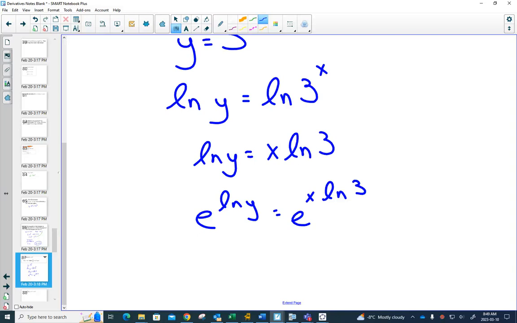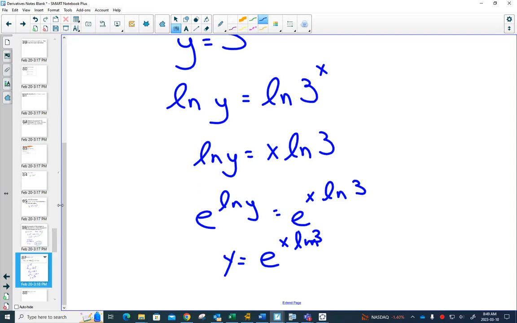So you square a square root, you get rid of the square root. If you have a natural log in the exponent of an e, that'll just simplify back to y. And we get this. Okay?